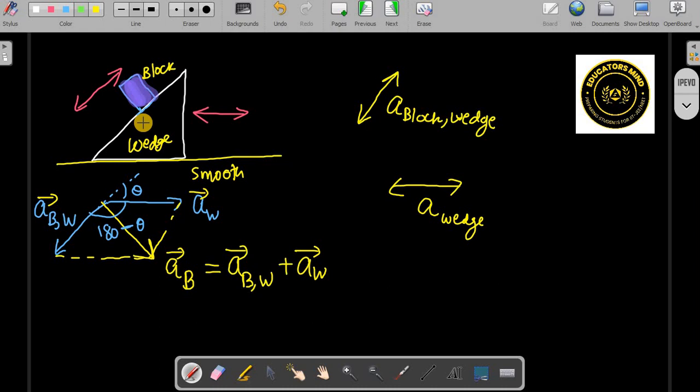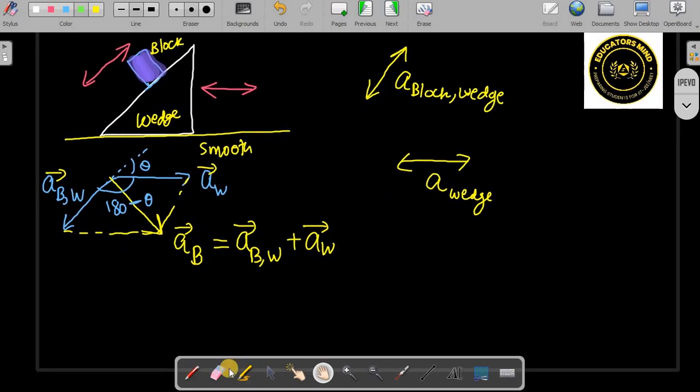Let us say this is the acceleration of the wedge and the block, suppose they have given. Then how do we balance it, or how do we get a relationship between them? Here in this diagram, this is the acceleration.